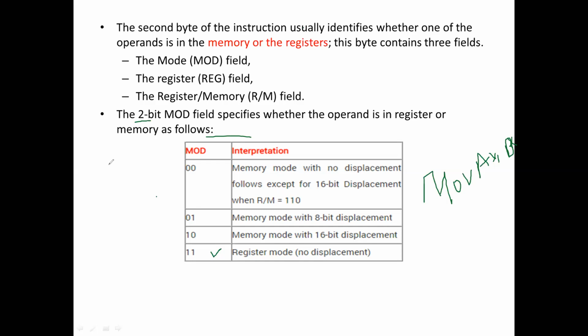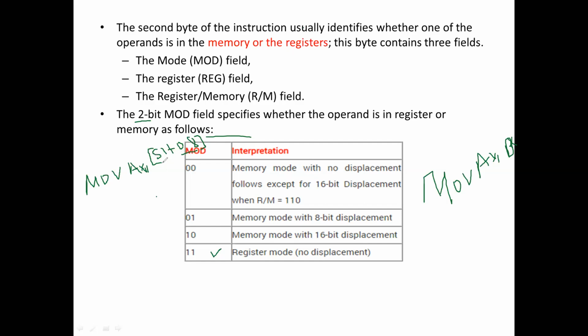Another example we can take: MOV AX, [SI + 08]. In this example, 08 is the displacement value. How many bits are there? It is an 8-bit displacement value, and we are dealing with the 8-bit displacement and memory. So what is the operation of this instruction?